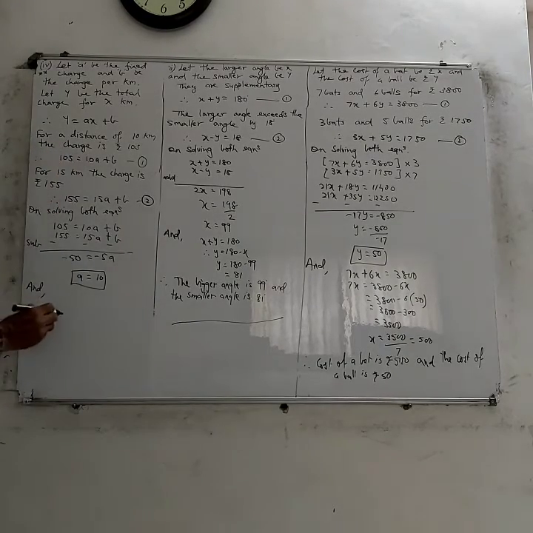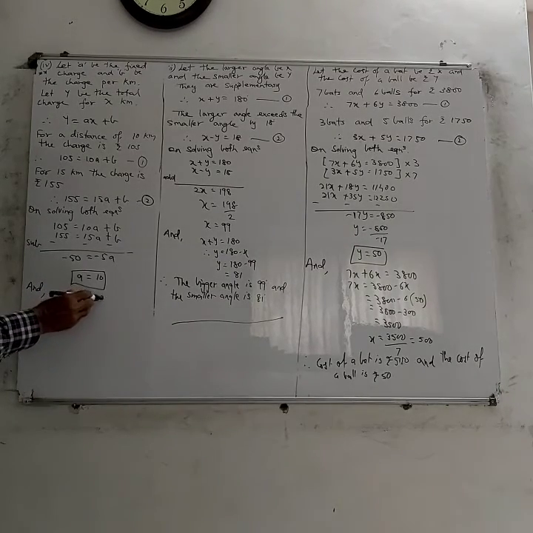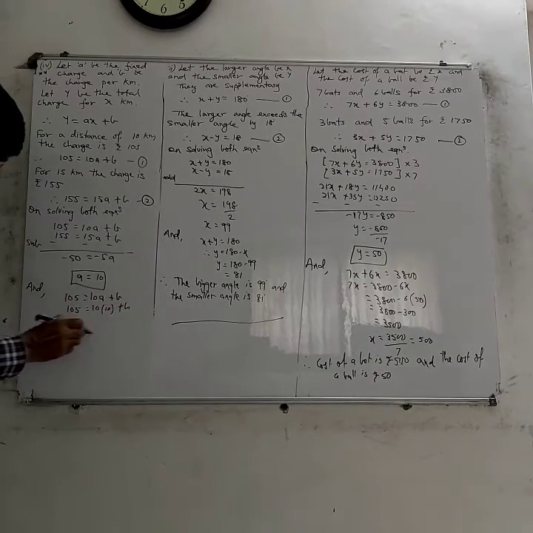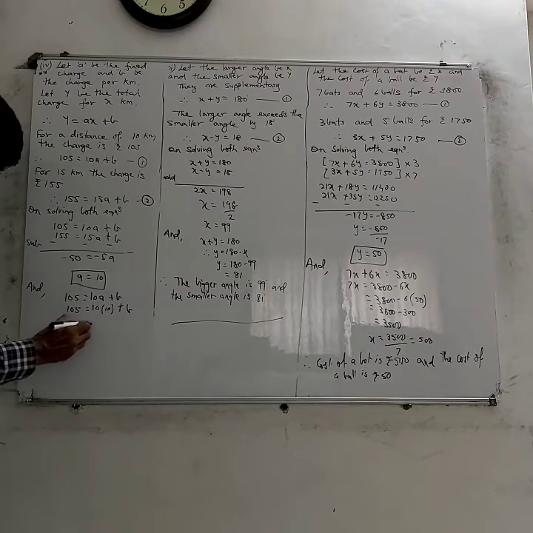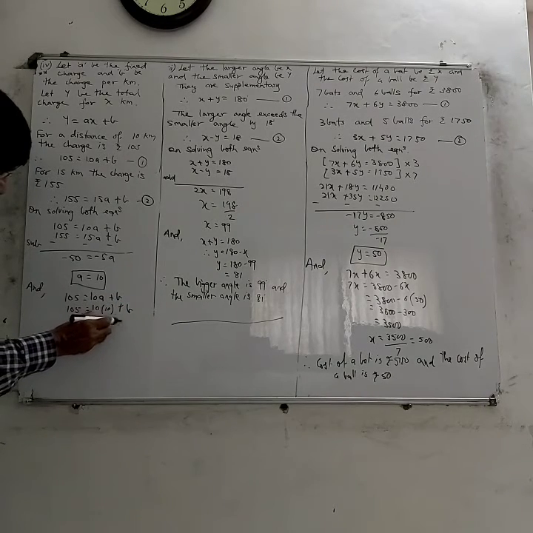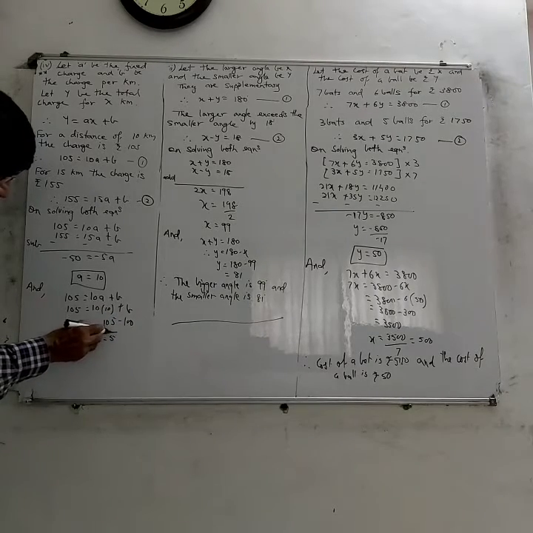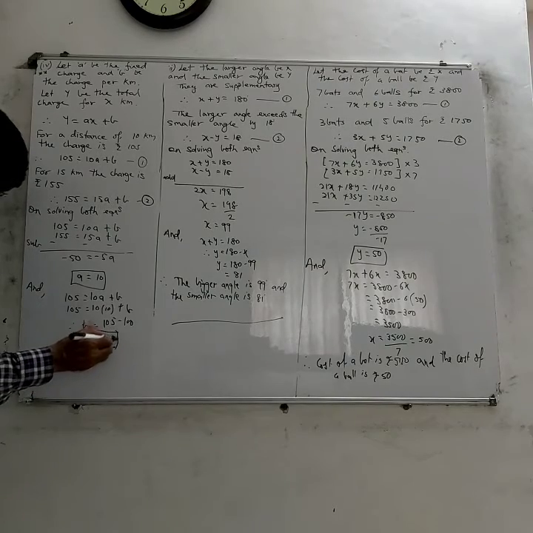I am taking say 105 is equal to 10A plus B. 105 is equal to 10 into A, A is 10, plus B. Okay, so B will be equal to 105 minus 100. Therefore B will be equal to 5.